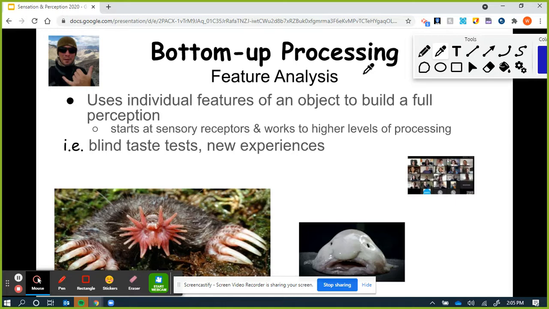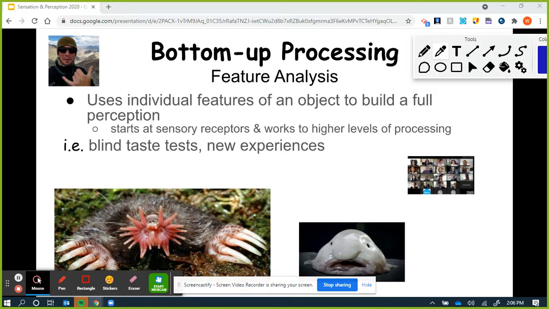Bottom-up processing refers to information that is coming into our sensory receptors, from which we build a perception of whatever it is that we are looking at or hearing. So bottom-up processing refers to things that start at the sensory receptors and then build up to higher level processing.